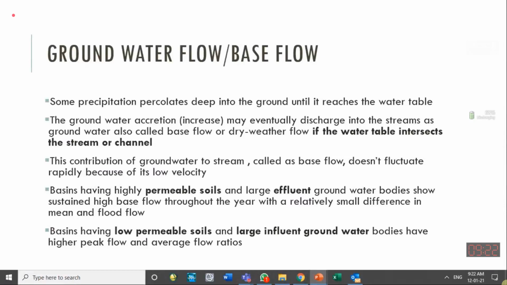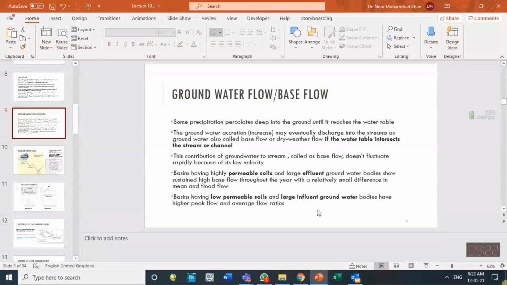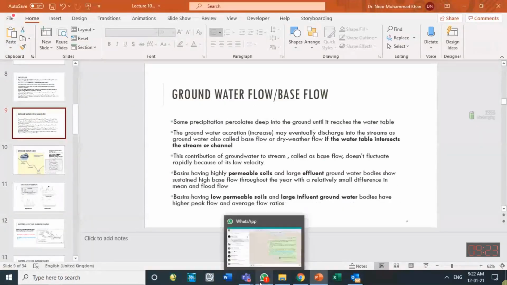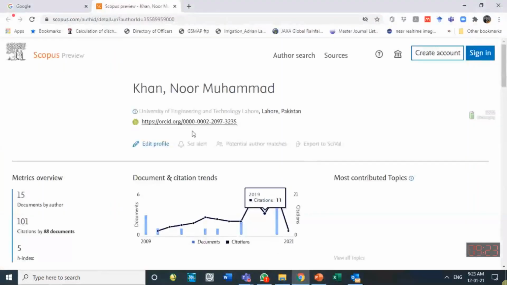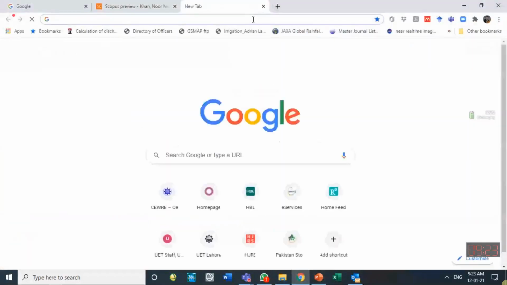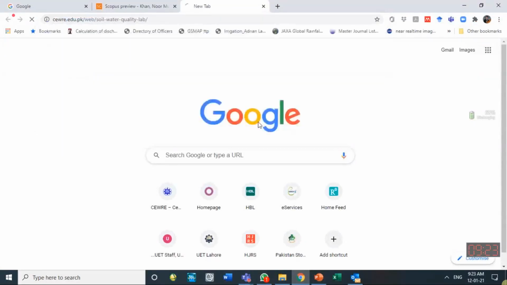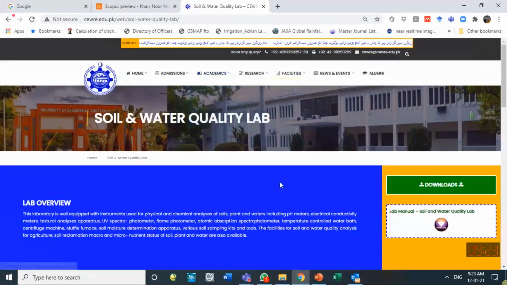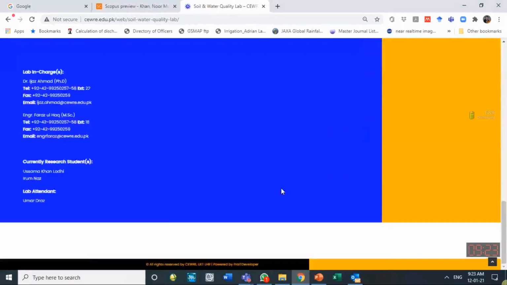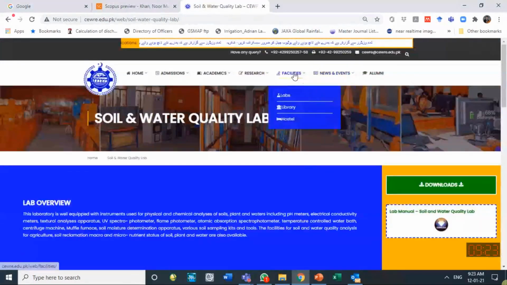If I show you how much is the fluctuation of the groundwater in Junaid Jamshed Stadium, maybe you will be astonished. क्या ख्याल है कोई आपके पास ऐसा knowledge? CEWRE. We are maintaining the groundwater surface levels in Junaid Jamshed Stadium.